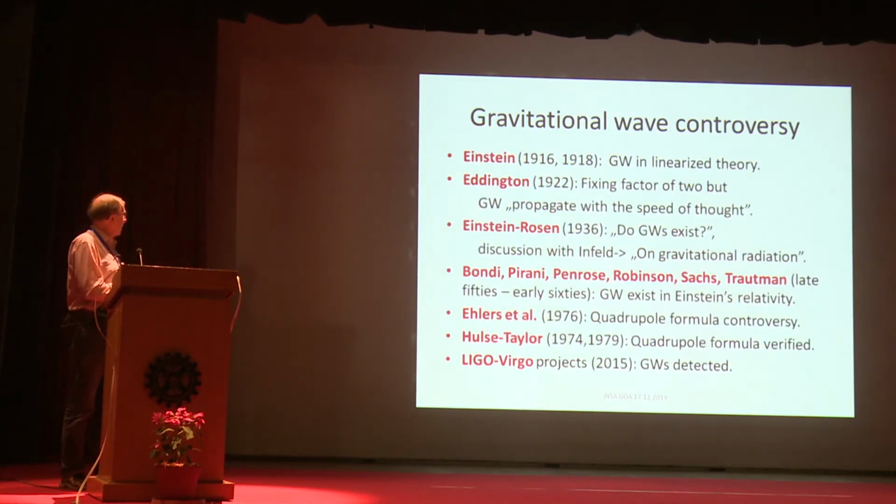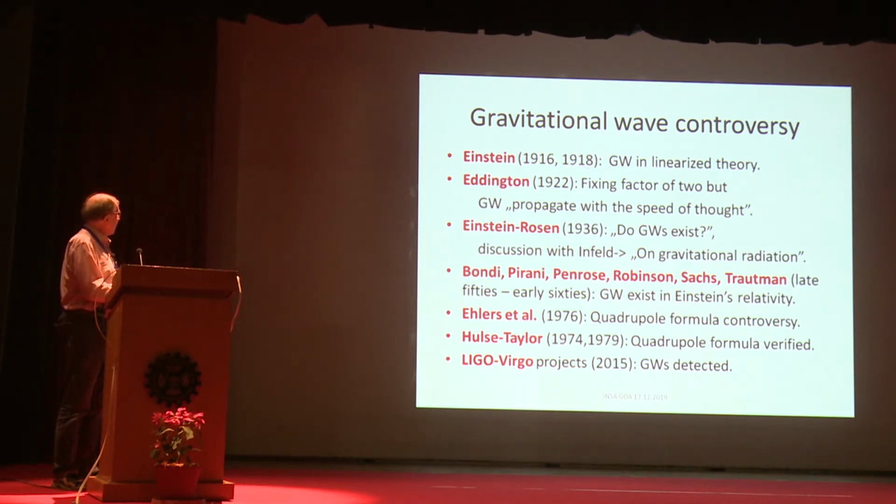Over time, there were some controversies about the existence of gravitational waves. Einstein himself linearized his equations and found that they admit gravitational waves in 1916, but in this paper there were certain errors which were corrected in a later paper.